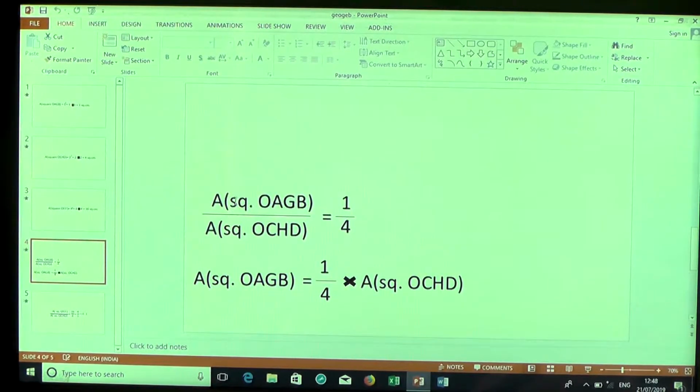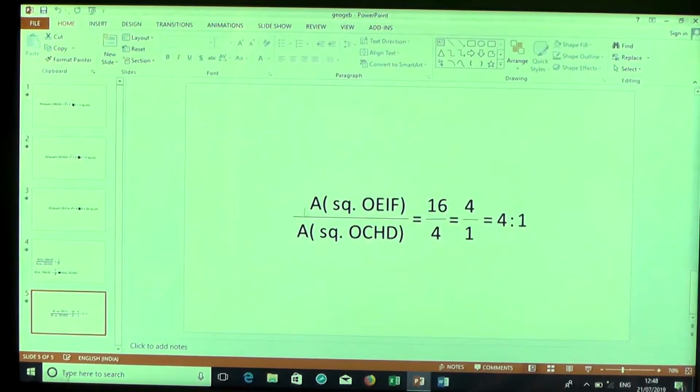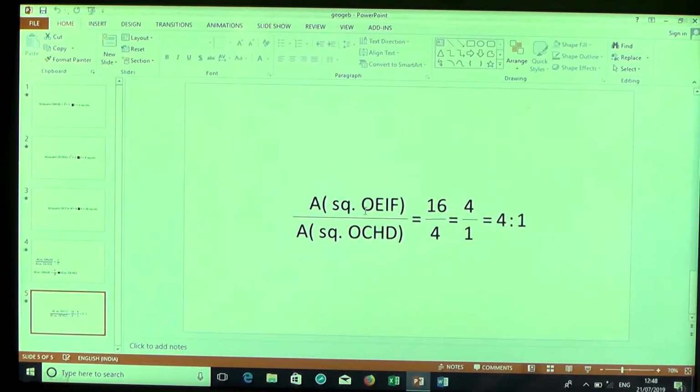The ratio of areas of these two squares equal to 1 upon 4. That means area of square OAGB equal to 1 upon 4 into area of square OCHD. Likewise, the second ratio, area of square OEIF upon area of square OCHD equal to 16 upon 4. That means 4 upon 1. That means 4:1.